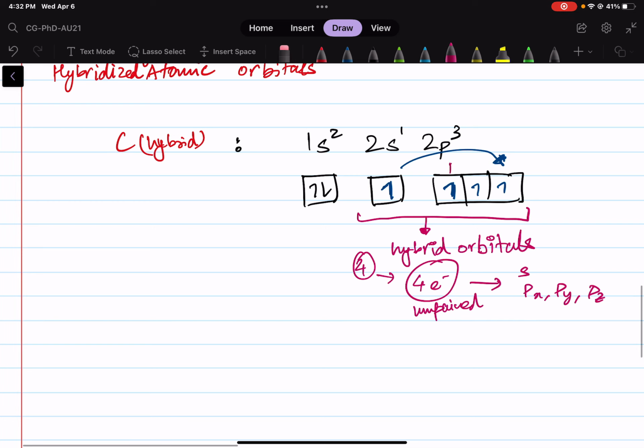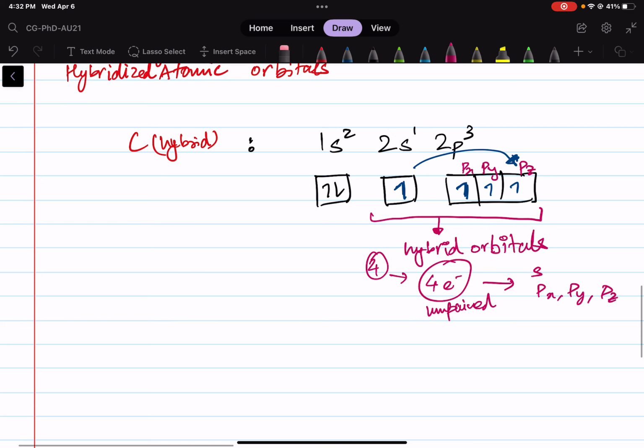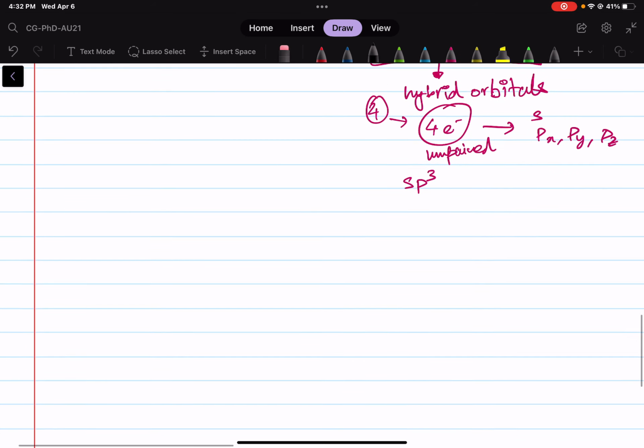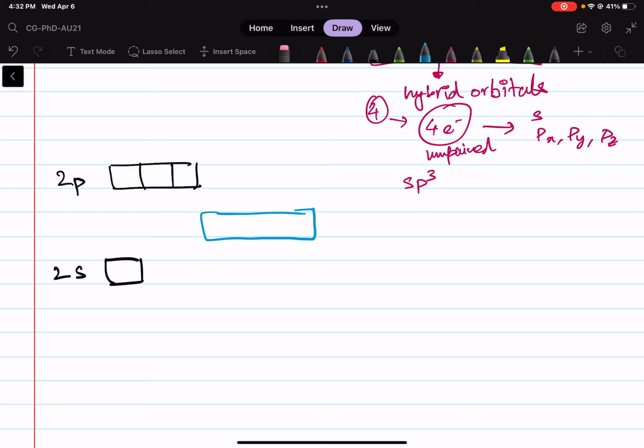So you could write it here. This is px, this is py, and then pz. This hybridization is referred to as sp3. So if I draw the energy diagram of this system, we had the 2s, then we had the 2p, 1, 2, 3. What we created is something in the middle of these two, right over here.